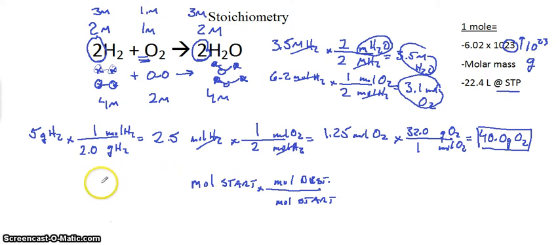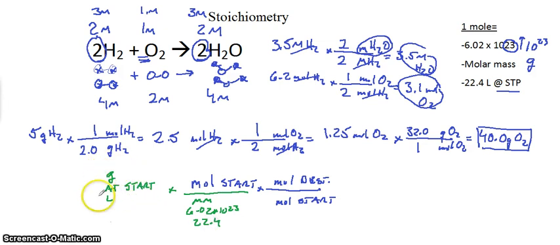Let's say I was given grams, atoms, or liters as an example. What I would have to do first is take the grams, atoms, or liters of what I start with and divide by the conversion. If I was given grams, that would be molar mass. If I was given atoms, that would be 6.02 times 10 to the 23rd. And if I was given liters at STP, that would be 22.4.